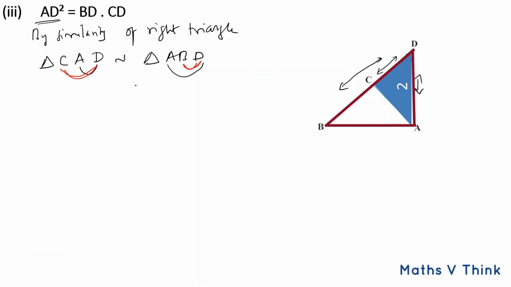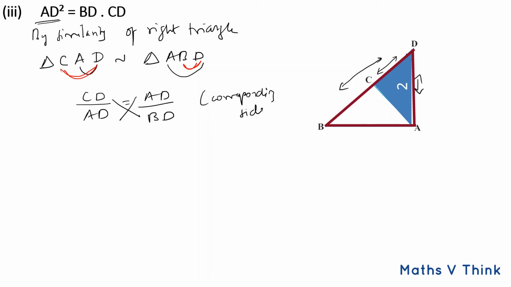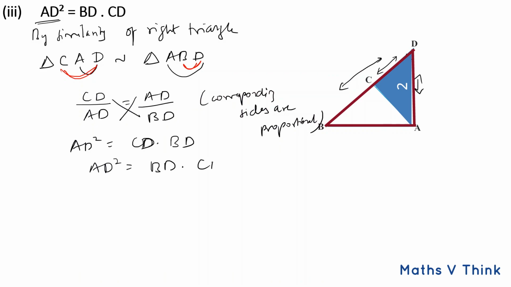So I can tell CD divided by AD is equal to AD by BD. Nothing but corresponding sides are proportional. So cross multiplying we get AD square is equal to CD into BD. Nothing but we got the two proof, that is AD square is equal to BD into CD. So hence proved.